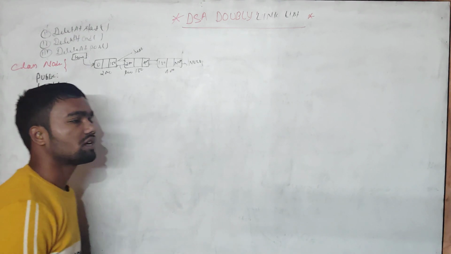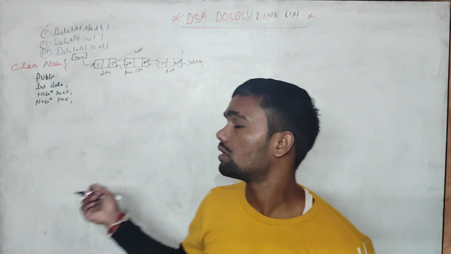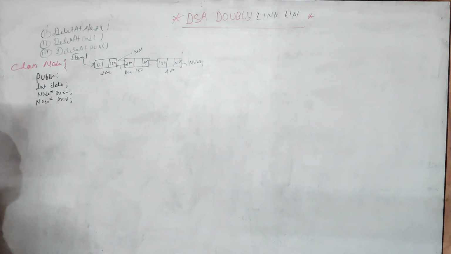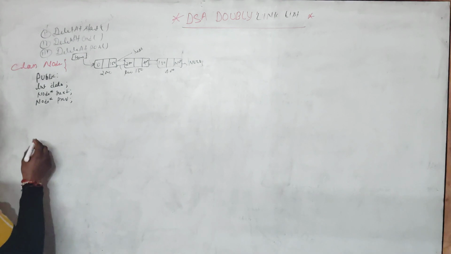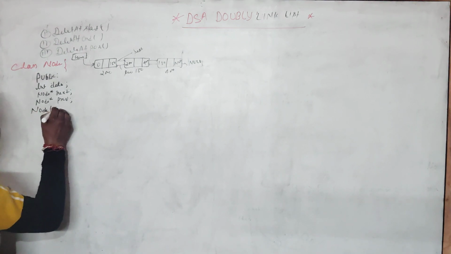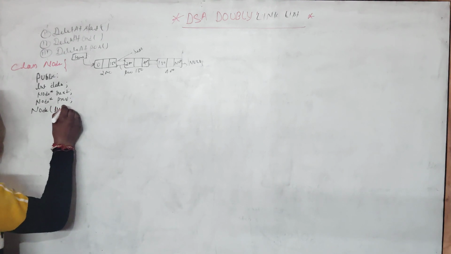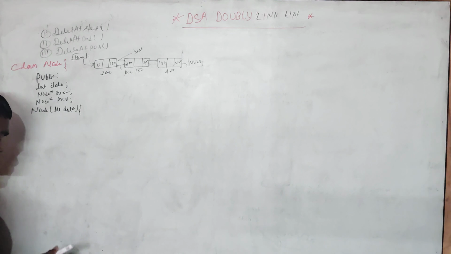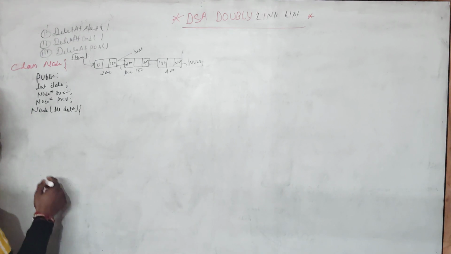Now I'm going to discuss how we can delete at the start in a double linked list. Firstly, I'm creating a class. I'm creating one constructor, Node, with int data.